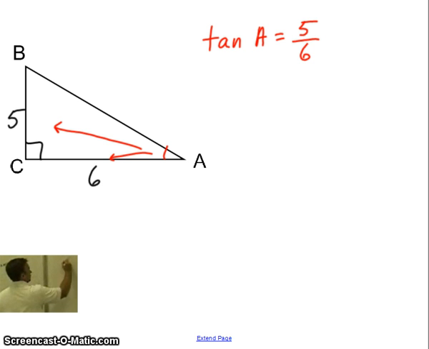And for angle B, all I have is the opposite side and the adjacent side. So tan B equals the opposite side over the adjacent side. On this line right here, I want you to put the number 18.